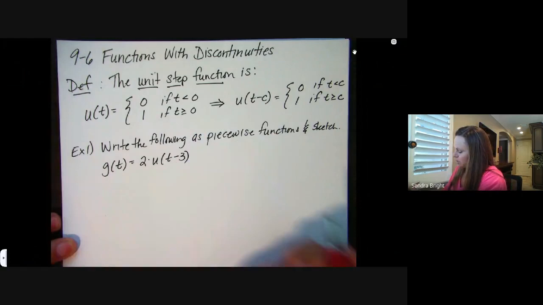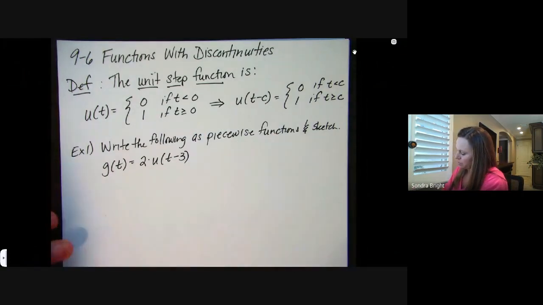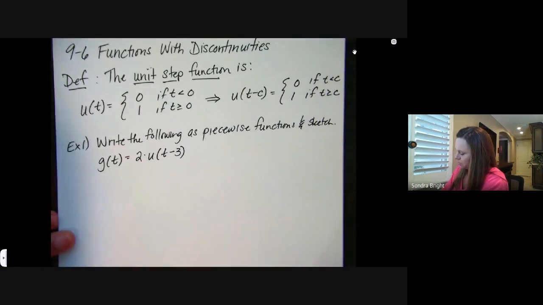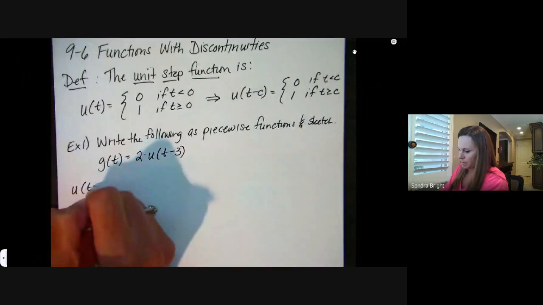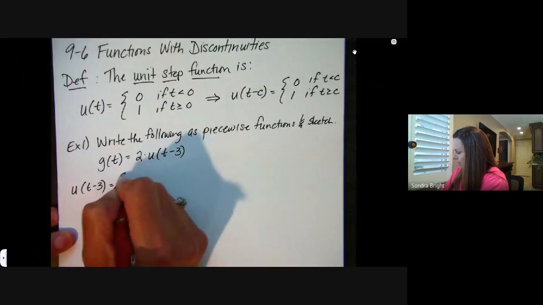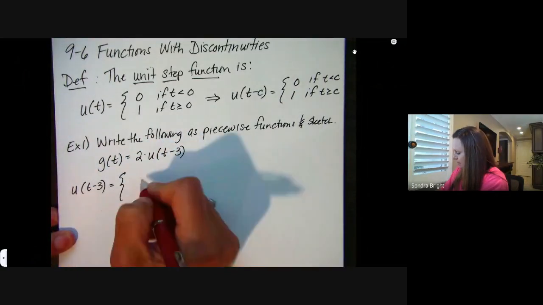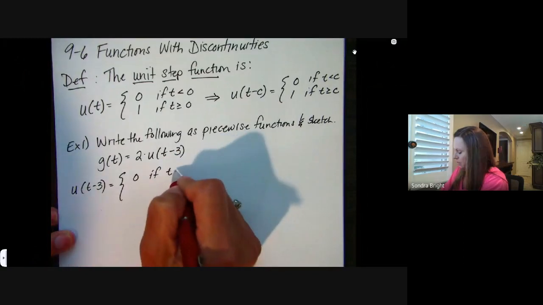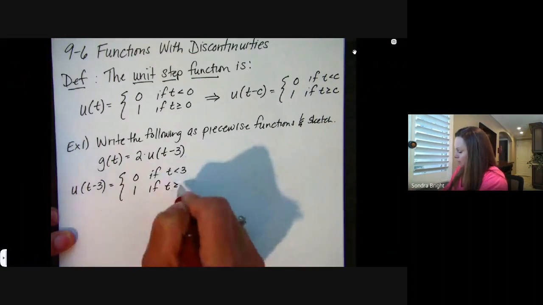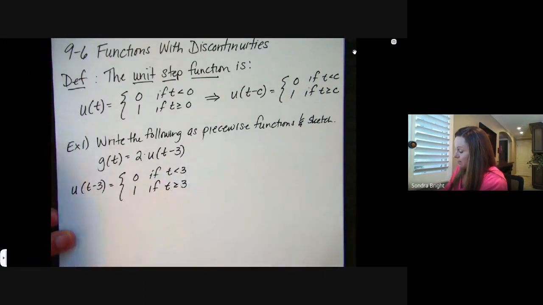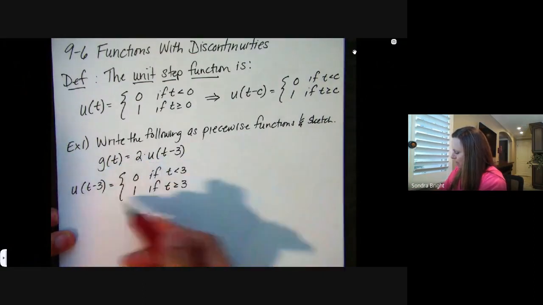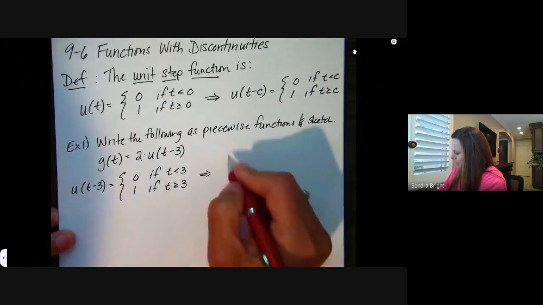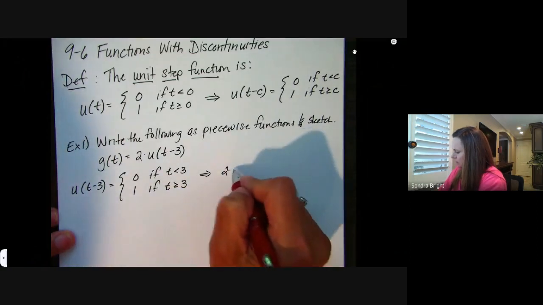All right, so let's start with u of t minus 3. So u of t minus 3 will be 0 if t is less than 3, and 1 if t is greater than or equal to 3. But our g of t is 2 times this guy. Well, that will give me that 2 times u of t minus 3.